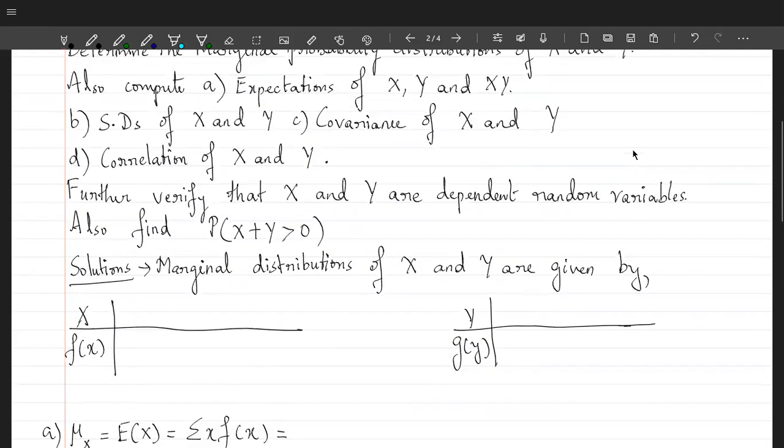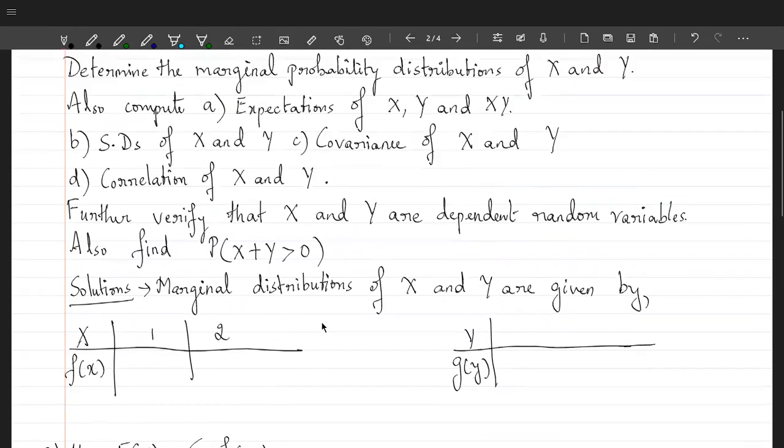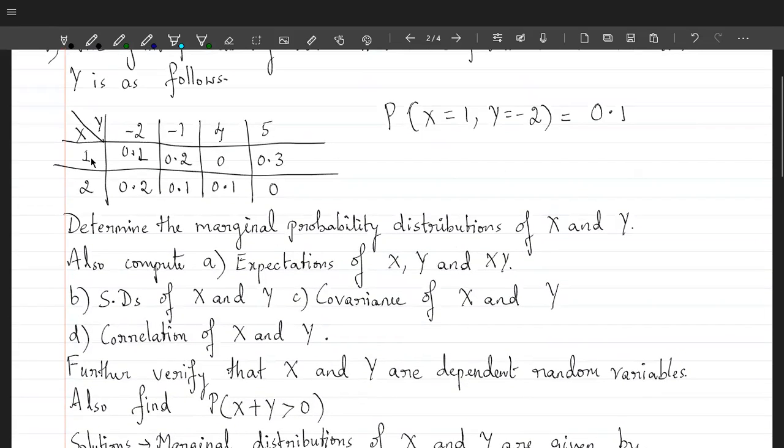So the first thing we do is write the values taken by x, that is 1 and 2. Now f of x here denotes the probability that x takes the value 1. For x equal to 1, there are 4 different probabilities here for different values of y, because when x is equal to 1, y can take the value -2 or -1 or +4 or +5.